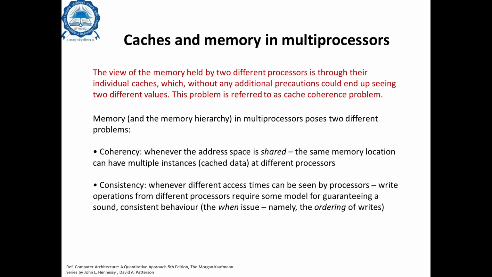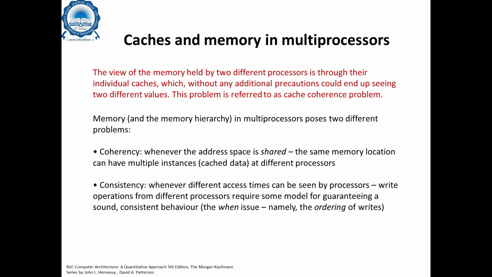Now let's talk about the caches a little bit in the context of SMP. The view of a memory held by two different processors is through their individual caches, because that's where the processor looks for the data first, in the cache and then inside the RAM.